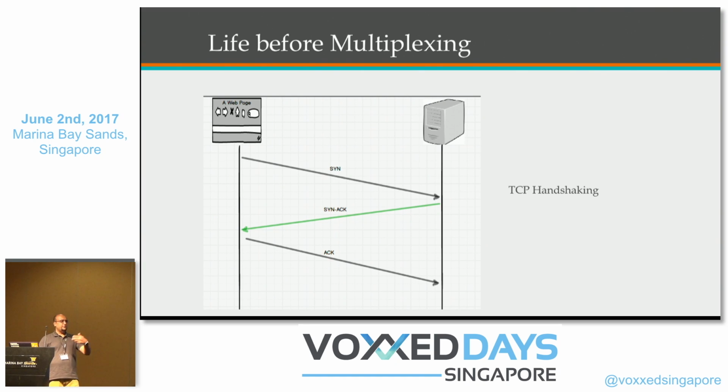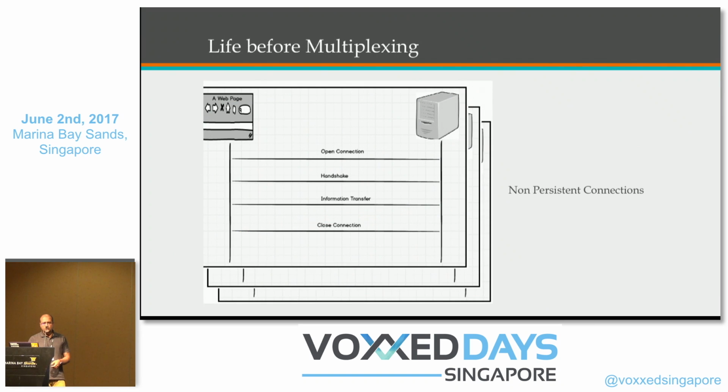Then things like the keep-alive header came, and later the pool of persistent connections to fix this issue. That solved that problem, but again, applications outgrew that and became more complicated and more demanding.